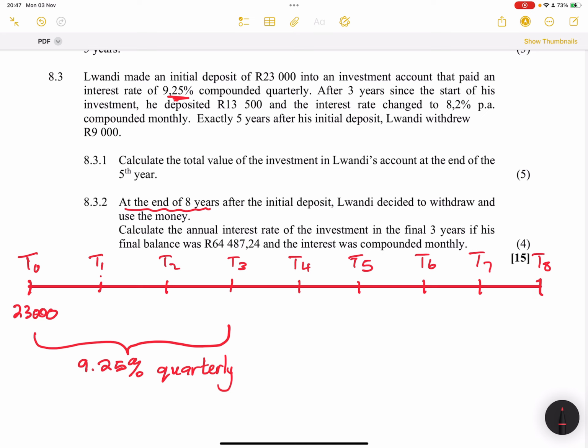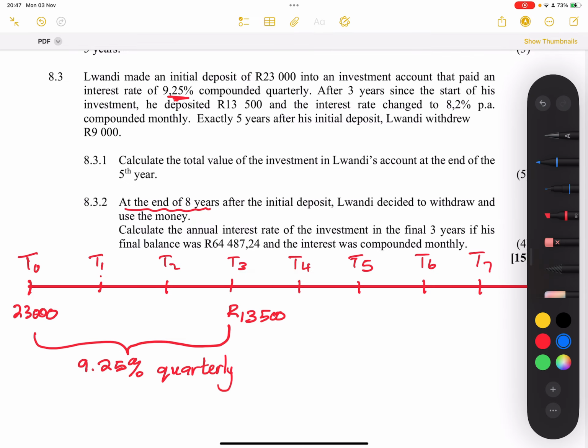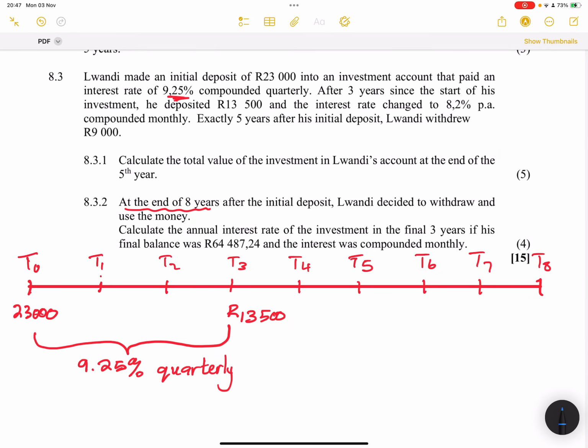Now they said to us after 3 years, since the start of the investment, he deposited 13,500. So at year 3, there's an investment again of 13,500, and the interest rate changed. So the interest changed to 8.2% compounded monthly.